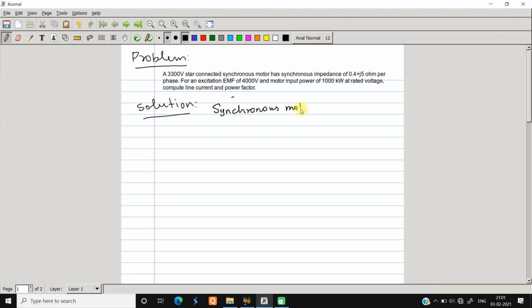Synchronous motor having the line voltage given as 3300 volt, and it is having a synchronous impedance of 0.4 plus j5 ohms, and the excitation EMF, that is EF, which is given as 4000 volt.